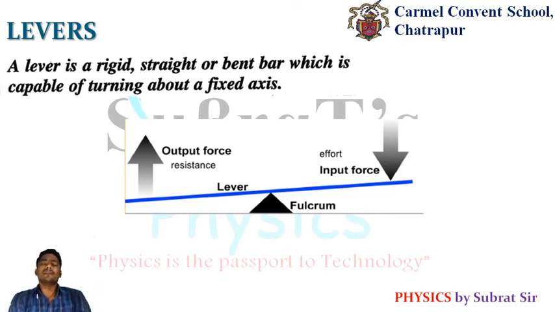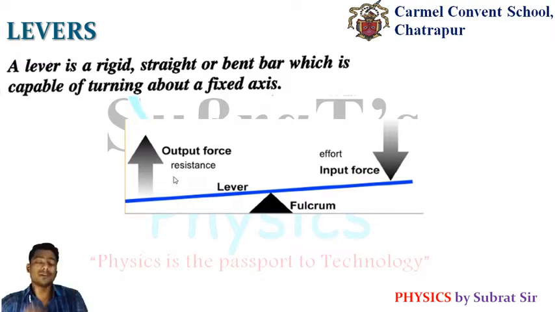Okay, a lever is a rigid, straight or bent bar which is capable of turning about a fixed axis. Now here the axis is what? The fulcrum. The input force is known as effort, and the output force is known as resistance, or you can say load.